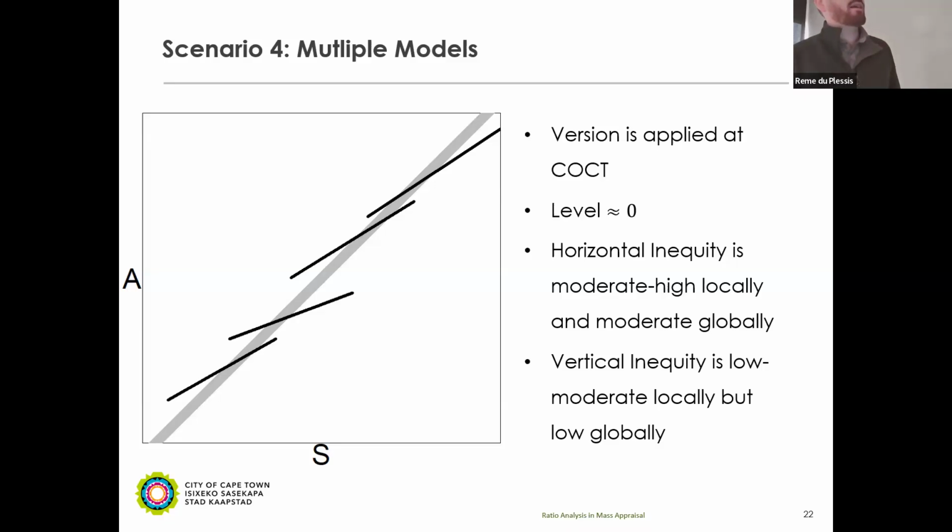But this means that while you might have slight regressivity, so slightly overvaluing the properties for your lower valued areas, overall you have a fair system, and locally it also performs quite well. Your level of assessment, that should be a 1, is close to 1, so close to where we want it to be. And your horizontal equity, so within each one of these markets and each one of your neighborhoods, there's not too much variation between the ratios of neighbors.